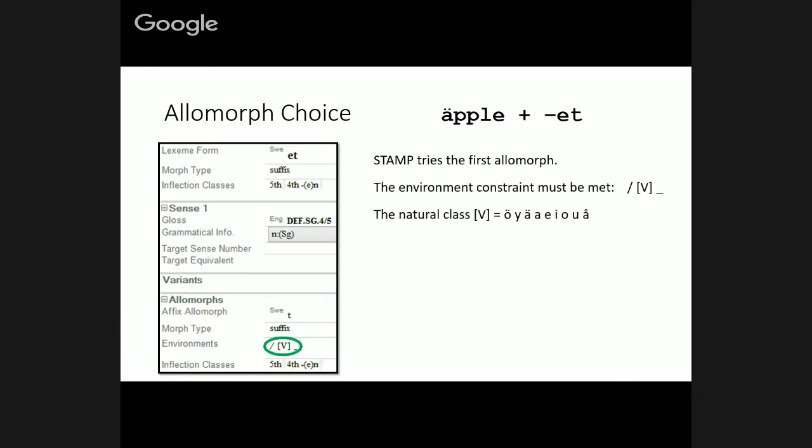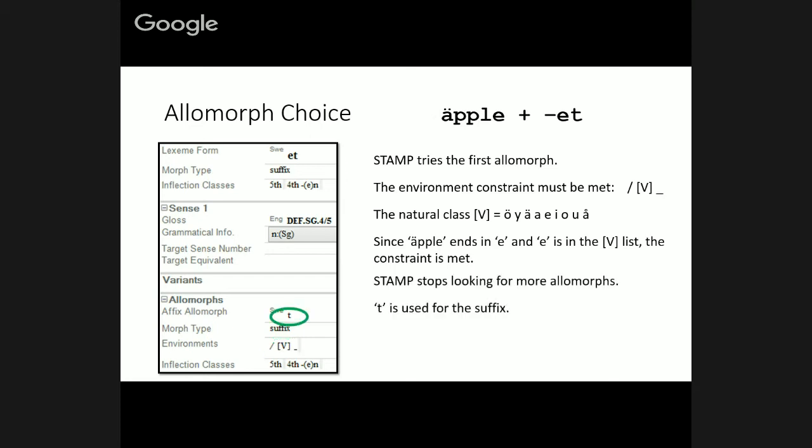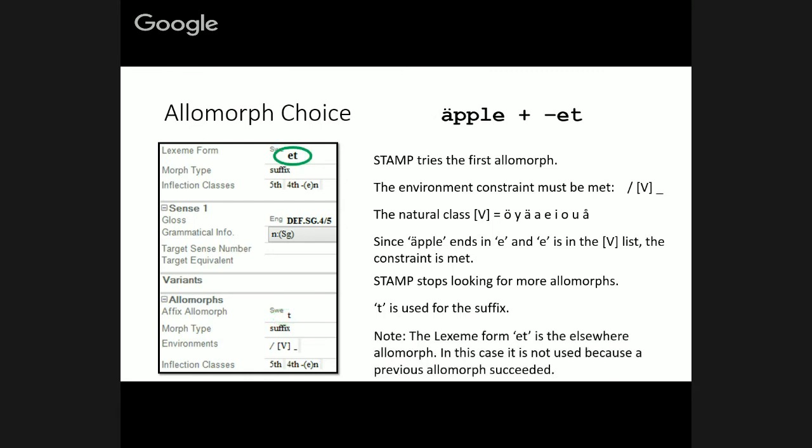This is going to be a valid suffix for any noun in Swedish if there's a vowel first. And the vowels are made up of these different letters that you see. Since E is one of the vowels in there, then it's going to use this T for the output. And because we had a match on the T, it ignores any other allomorphs that might be below it, and it ignores the lexeme form, which is the elsewhere allomorph.